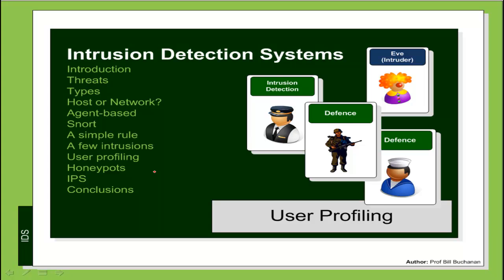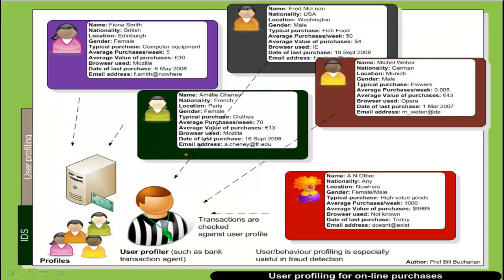Snort is useful for picking up standard signature-based attacks, but there are some methods which are useful in detecting more human-based attacks, such as in fraud detection. One method which has obviously some moral and social issues is user profiling.